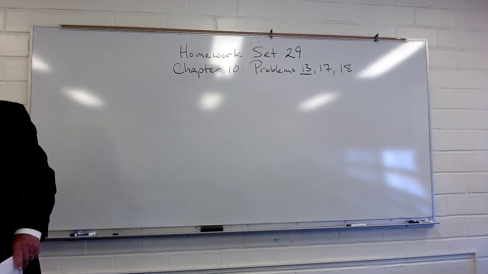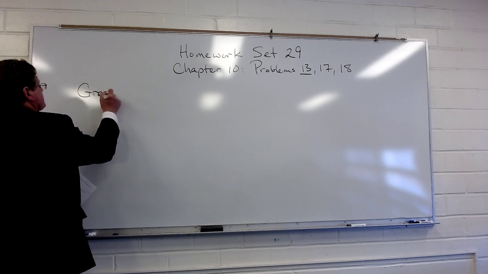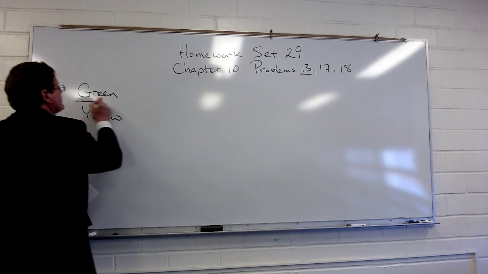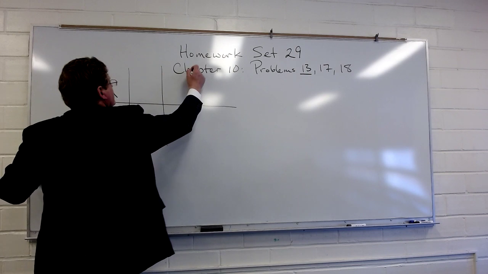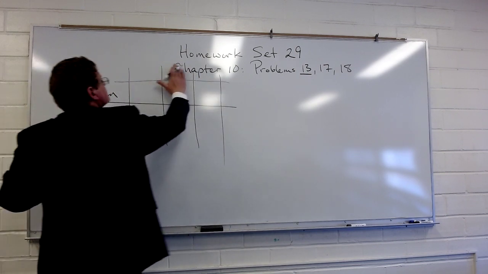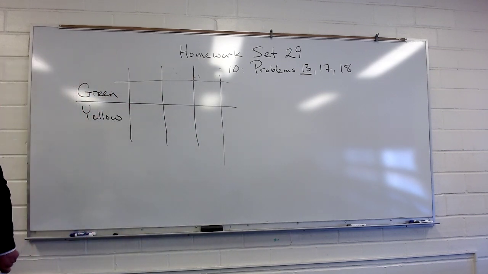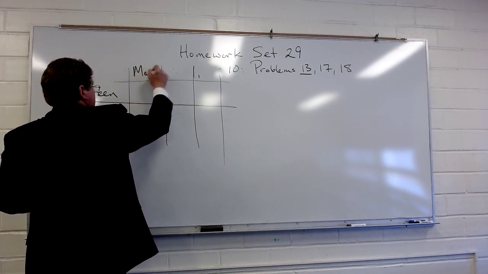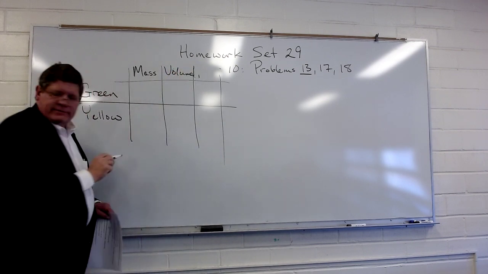We find that we have two objects. We have a green object and a yellow object. We are told the mass and the volume, and they both have the same mass.